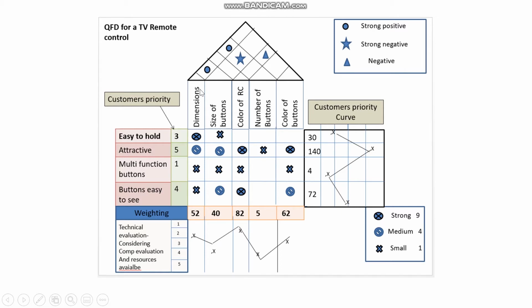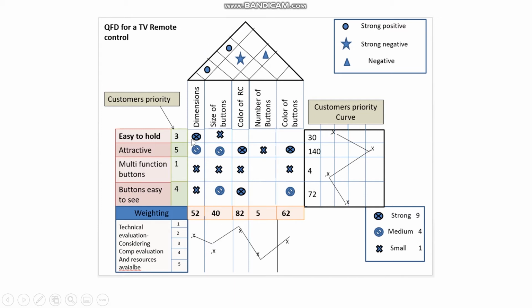Yes, if you increase the dimension, we can increase the size of the buttons, there will be a strongly positive relationship, and this is the reason we have given it. See here dimensions and color of RC, there is no relationship, it's not given anything. Of course dimensions and number of buttons, if dimensions increase then the number of buttons will be more, strongly positive, and this is the reason it's given. Okay, fine. So this is how to fix the top of this house of quality.